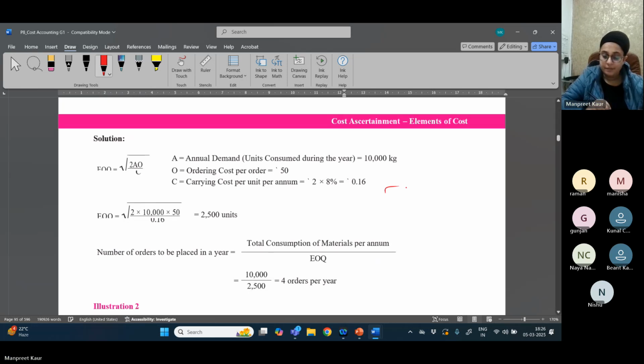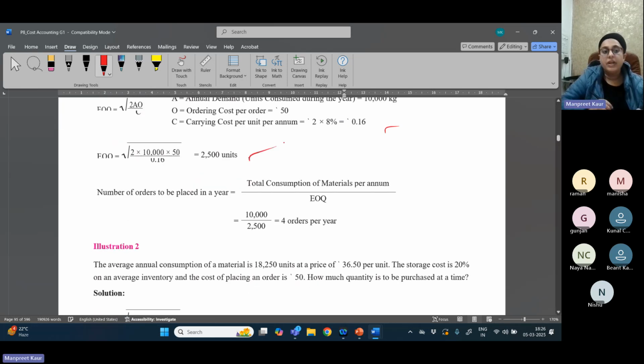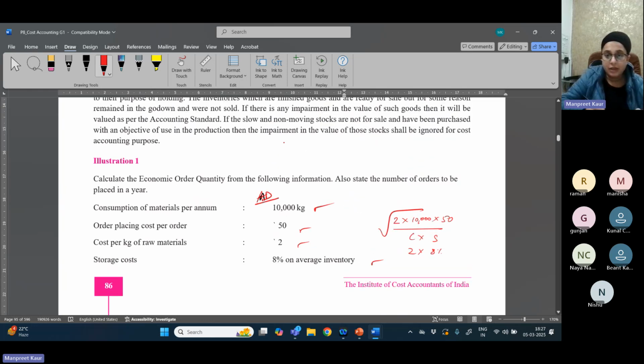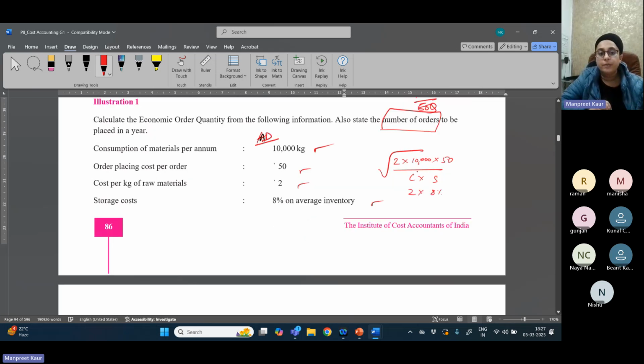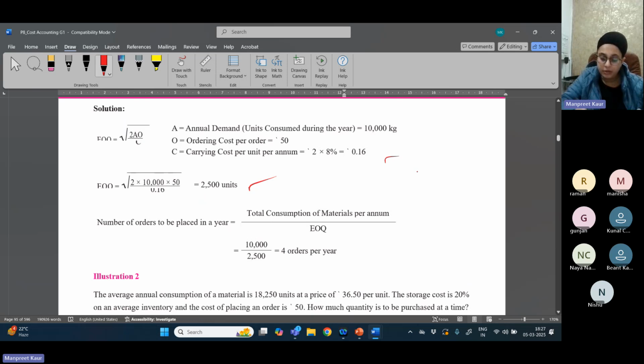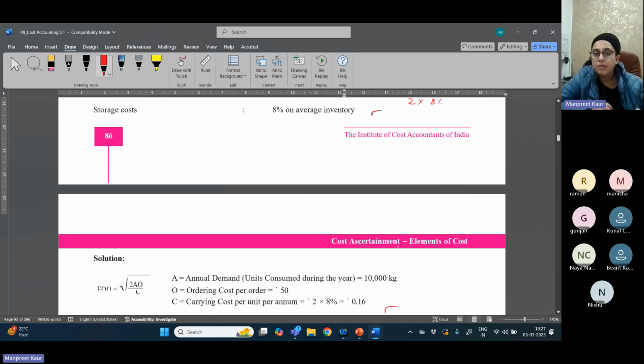See, this gives 2500 as the EOQ. We have to calculate the number of orders. Formula for number of orders is annual demand divided by EOQ. Annual demand is 10,000 divided by EOQ, that is 4 orders per year. Any doubt in question number 1?